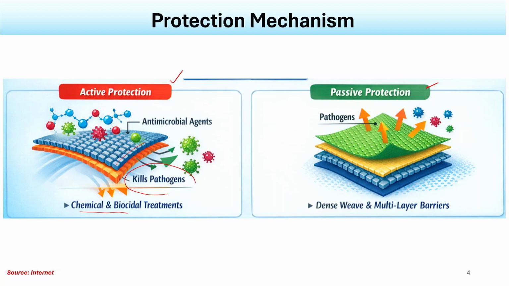Passive mechanisms are those where the pathogens are prevented from penetration, so dense weave multilayer barriers are there. So, two ways we can protect ourselves, or we can use active and passive protection systems together.